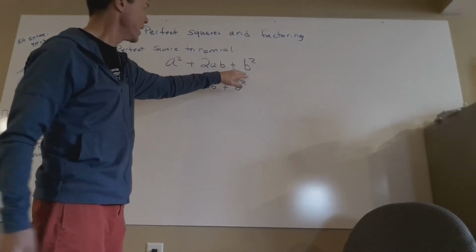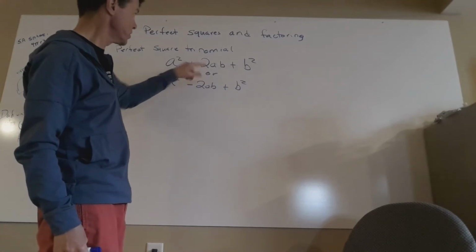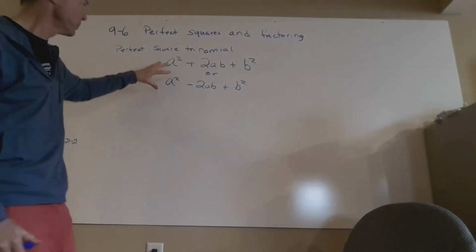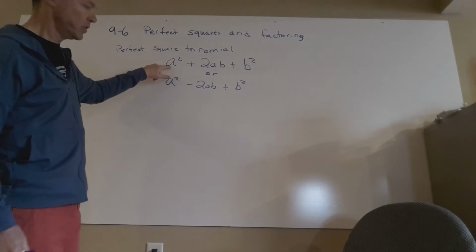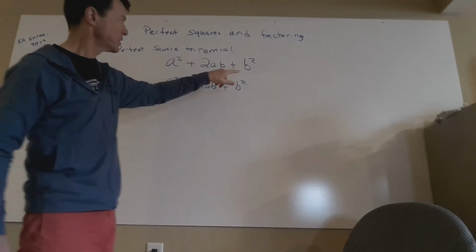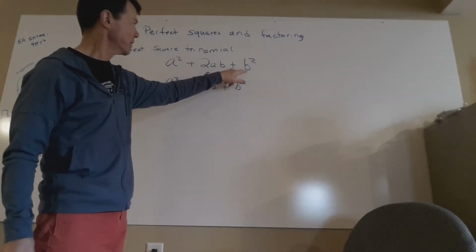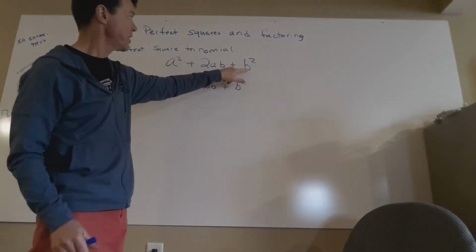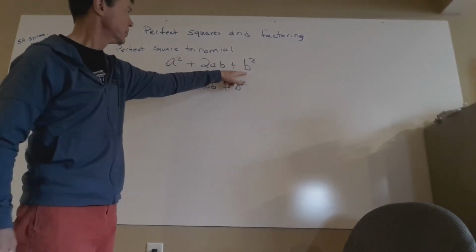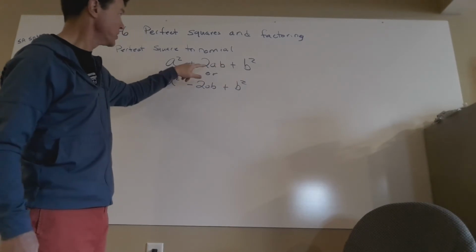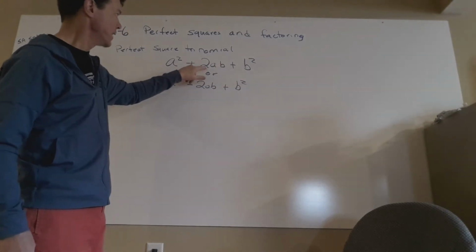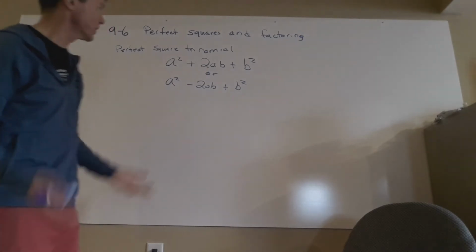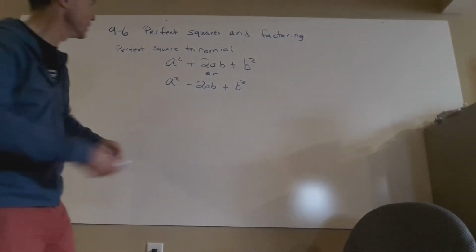Then if you multiply a times b by 2, you get the middle term. So let me say that again: take the square root of the first term and the square root of the last term, multiply them together, and multiply by 2. If that's the middle term, then it's a perfect square trinomial. You can factor it that way.